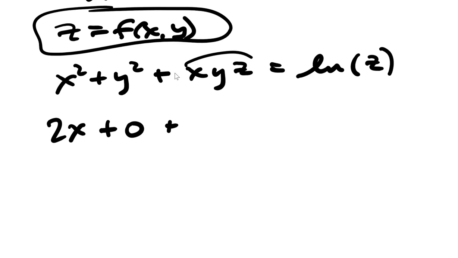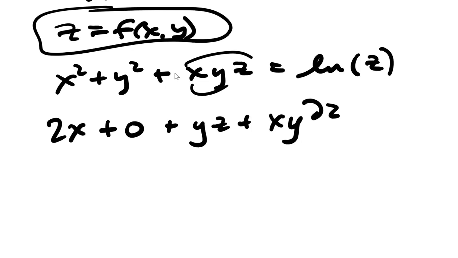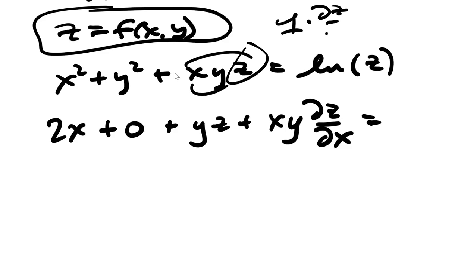Derivative with respect to x would be y times z, plus, and now the derivative with respect to z will be xy, because these are just constants with respect to z, and then partial of z with respect to x, equals, right? So the derivative of this piece is 1 times the partial of z with respect to x. That's why I wrote that here, all right? If there was a 2 in front of that z, it would be 2 times that.